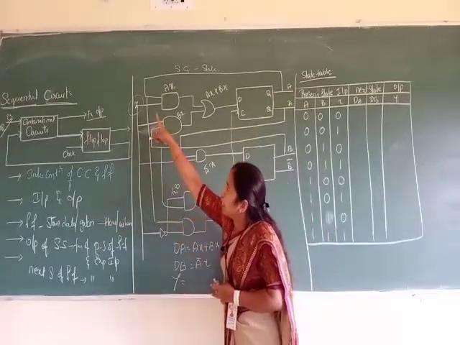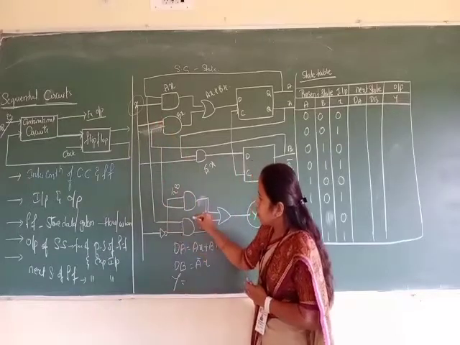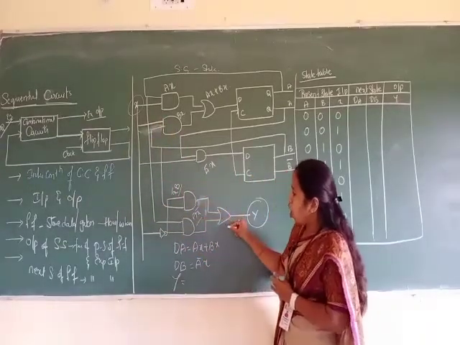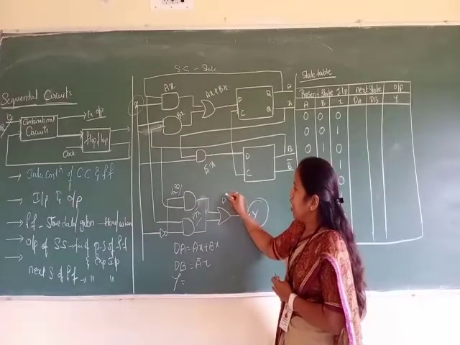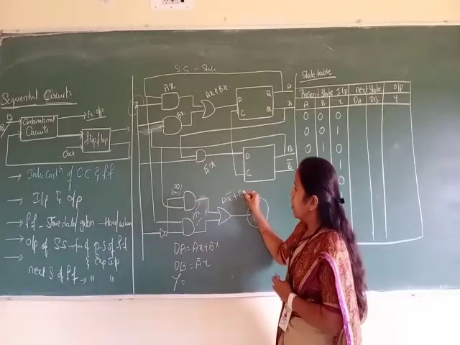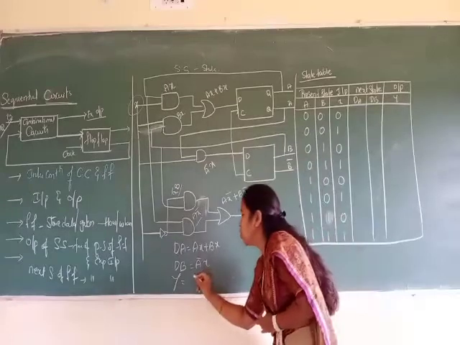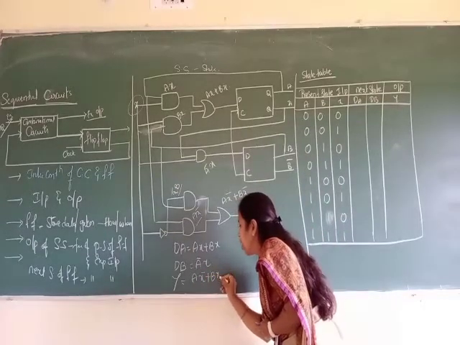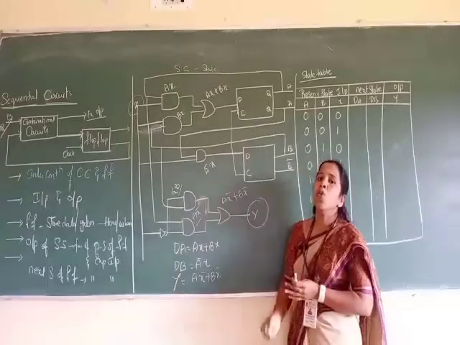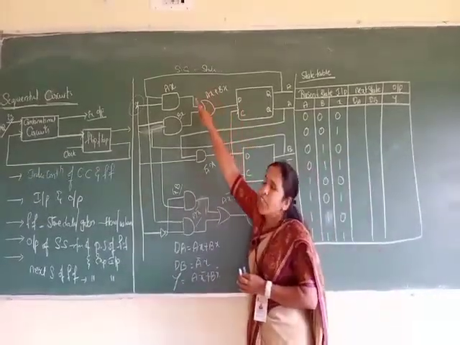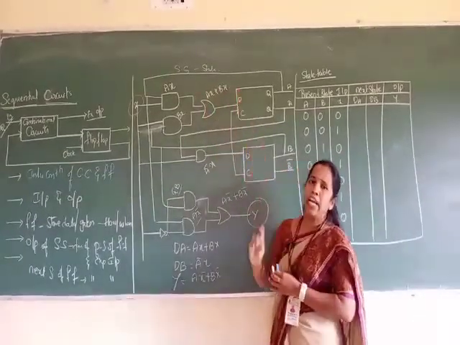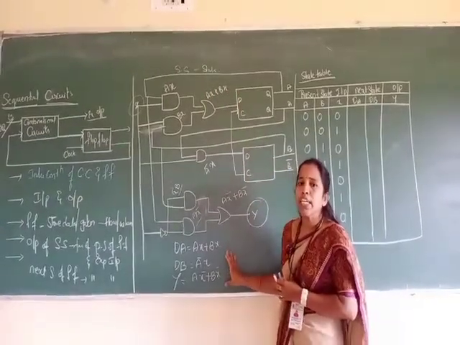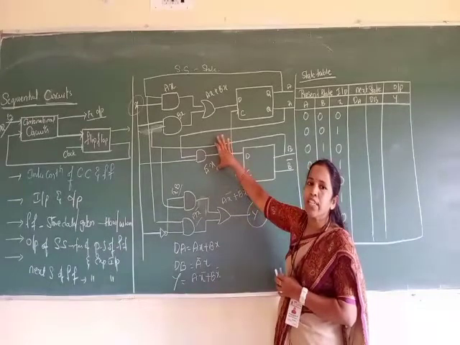So Y equals A X bar plus B X bar. So when you are converting from a sequential circuit to the state diagram, the first step is to generate the logical expressions using this sequential circuit diagram.